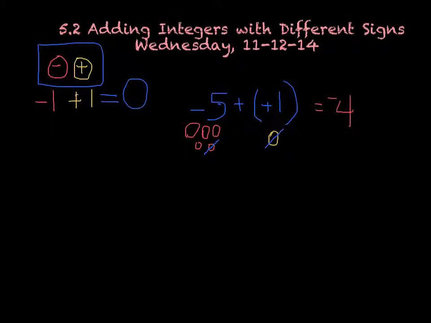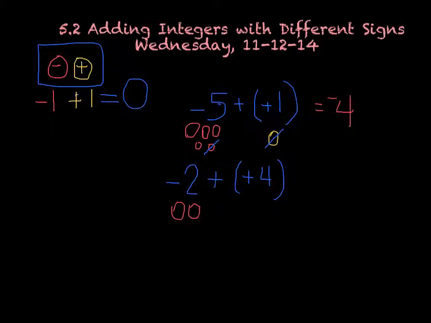Let's look at another one. -2 plus +4. Okay, so I'm going to start with 2 negatives. 1, 2.